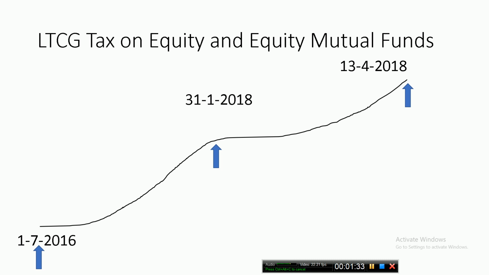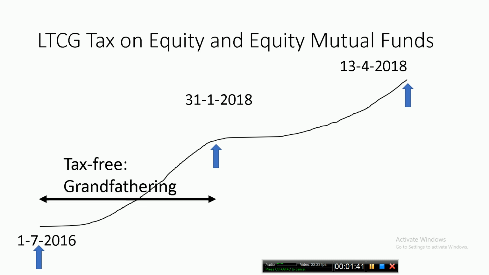Now let's calculate LTCG tax for this situation. The first thing to note is we have a profit between 31st January 2018 and July 2016, when we actually made the purchase. This profit is completely tax-free due to the grandfathering rule.